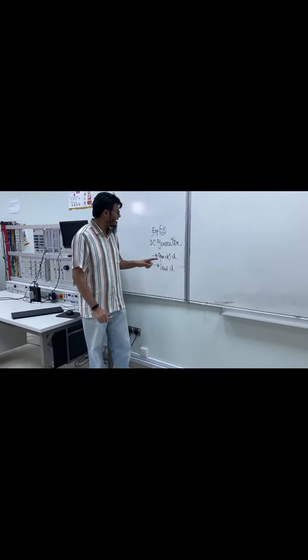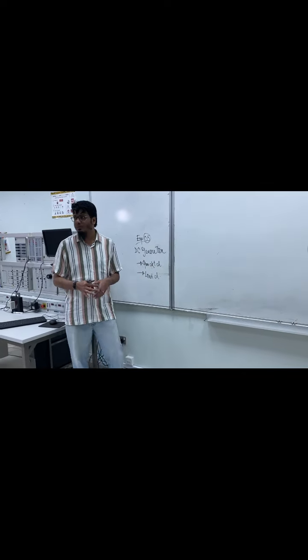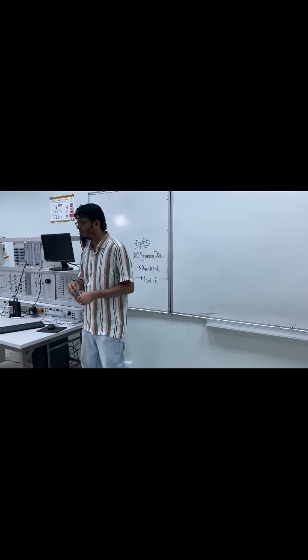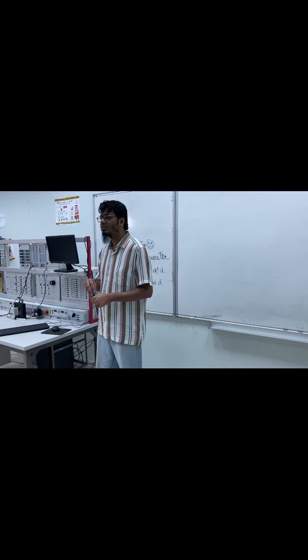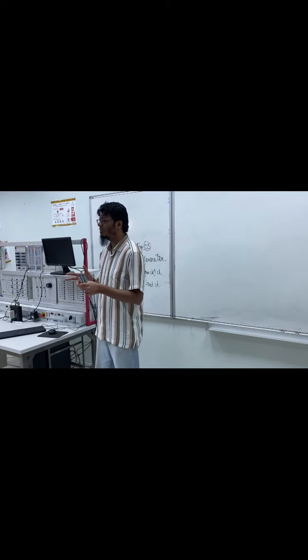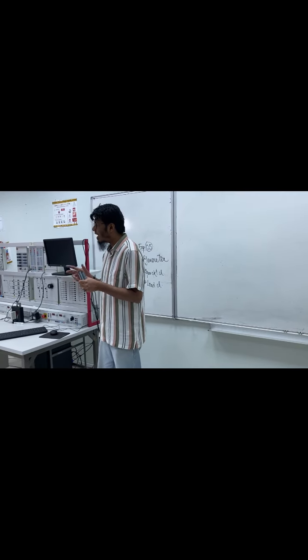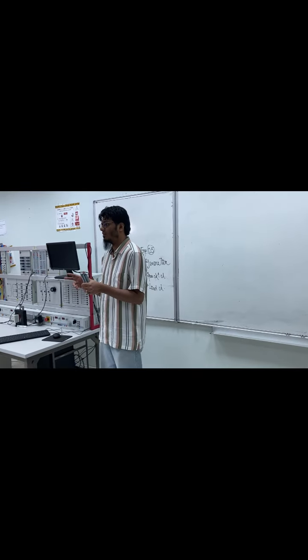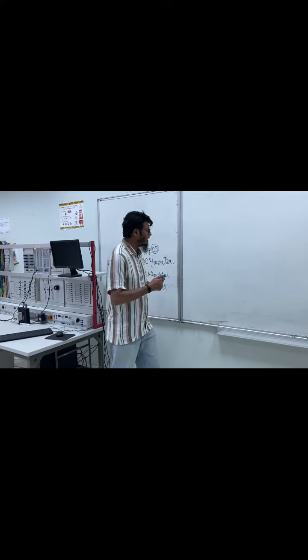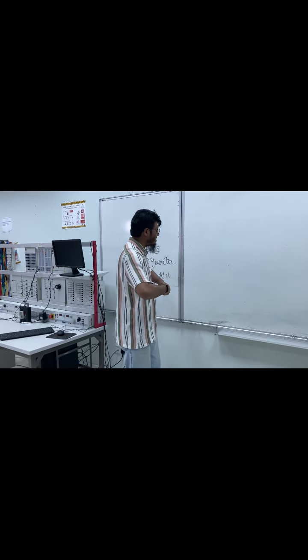So we are going to do the experiment on DC generator today. As we have discussed in the lecture class, we have different types of DC generators, right? Can you remember? The types of DC generators depend upon how the armature and the field circuits are connected with each other. If they are not connected at all, we call them separately excited DC generator.